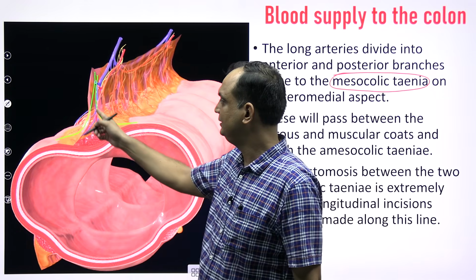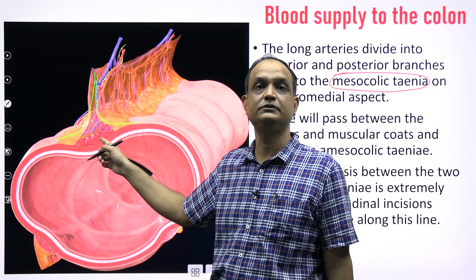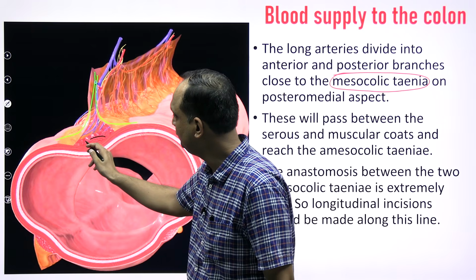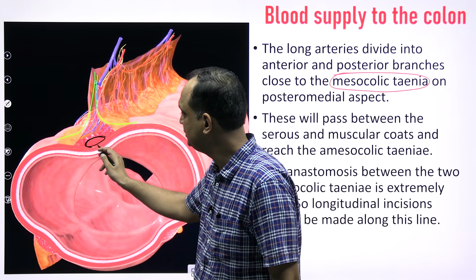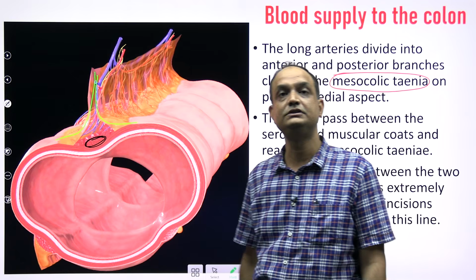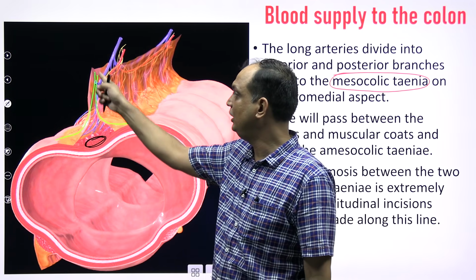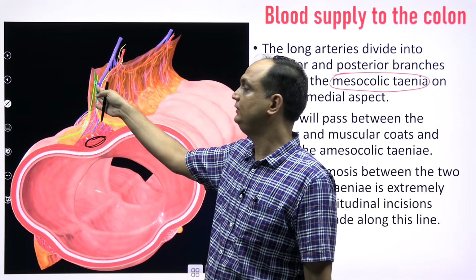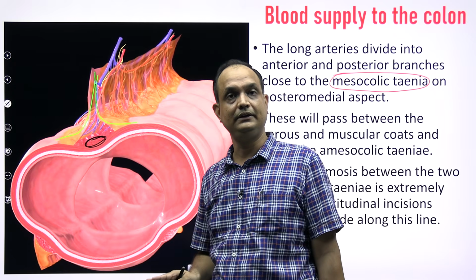I told you that the point of attachment has a modification of the longitudinal muscle layer, and this collection of muscle is known as tinea. This tinea along the mesentery is known as tinea mesocolica, because this mesentery is the mesocolon.